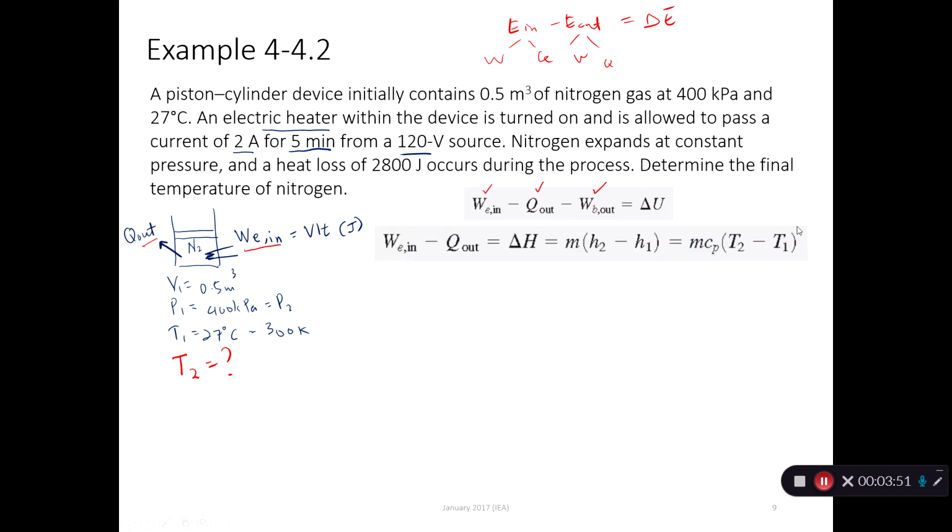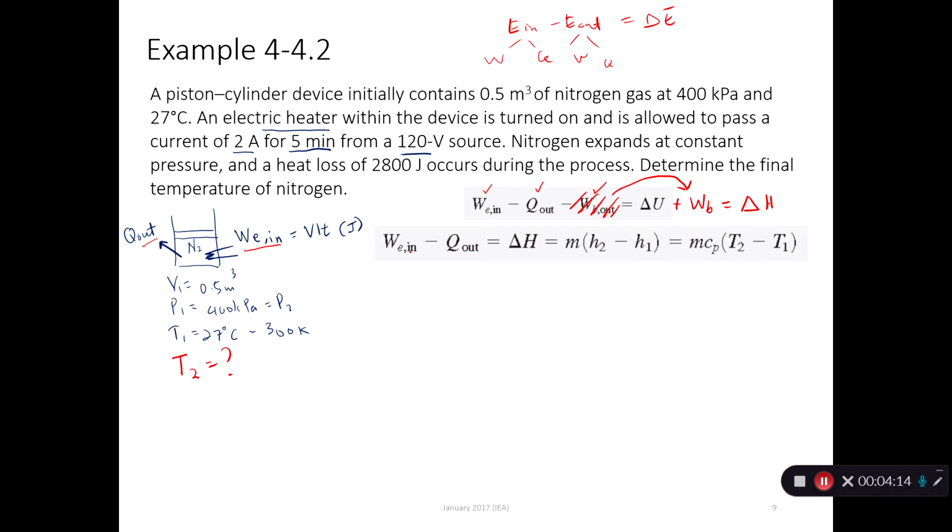Okay, what happens next is boundary work goes to the other side. Okay, so you won't have this any longer, but you have delta U plus WB. Delta U plus WB will be equal to delta H, right? So this is what we take here.